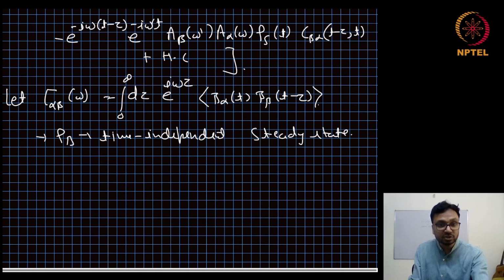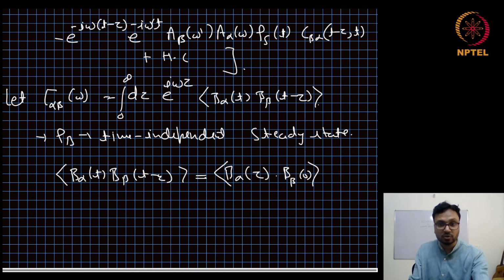The bath correlation functions b alpha of t, b beta of t minus tau is same as b alpha of tau, b beta of 0. So the time translation does not matter here. So these two are same. So the bath correlation function, the Fourier transform gamma alpha beta of omega does not depend on t.